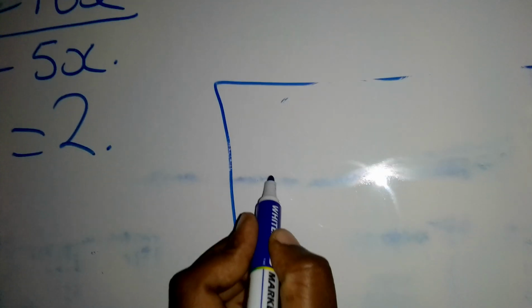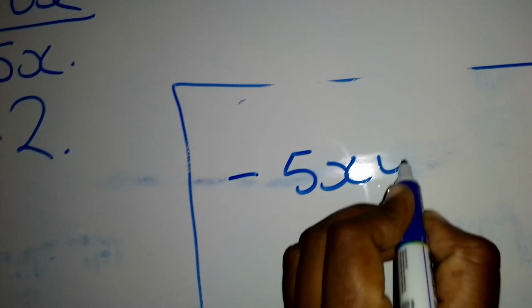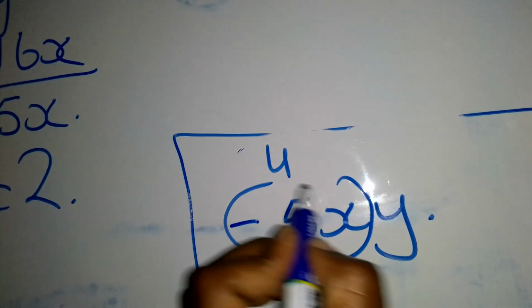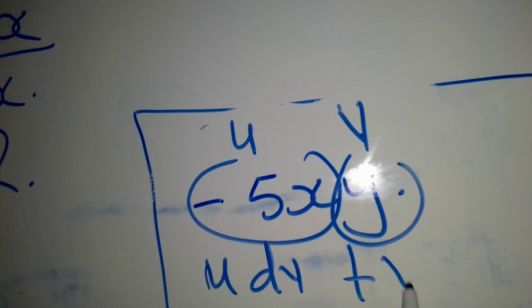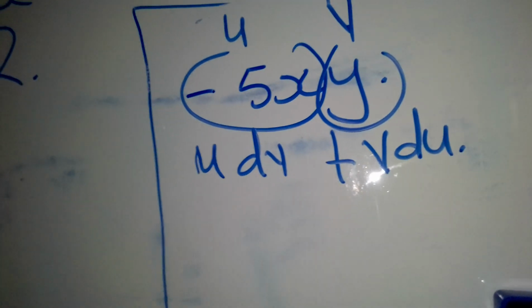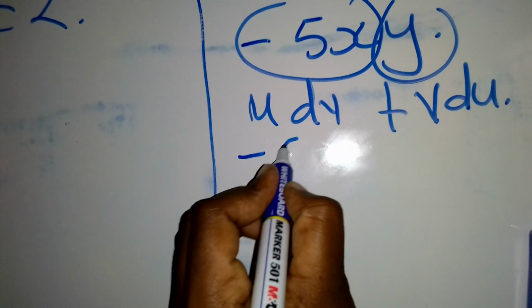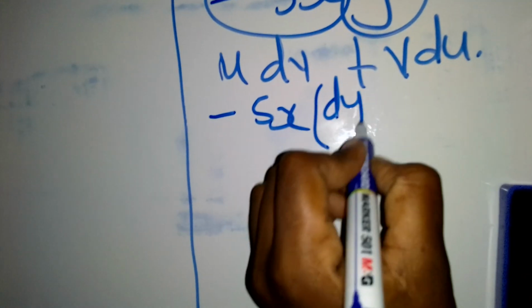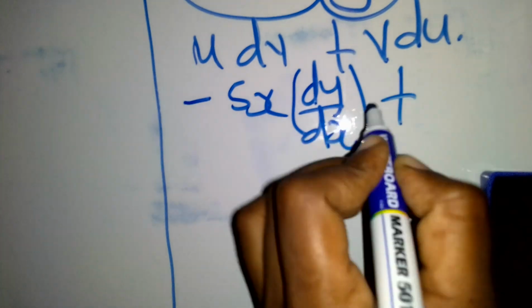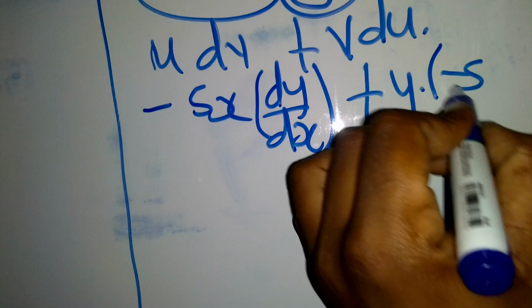Then for minus 5xy, we do the same again. It's a product, so we use the product rule. We have minus 5xy. This is our u, this is our v. So u dv plus v du. Our u there is minus 5x, then dv, the derivative of this part, is dy/dx, plus v, which is y, times du, which is minus 5.